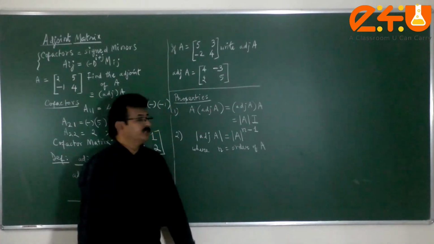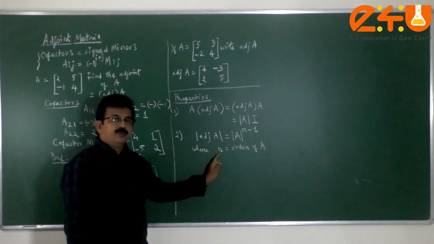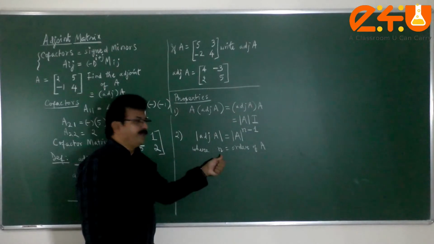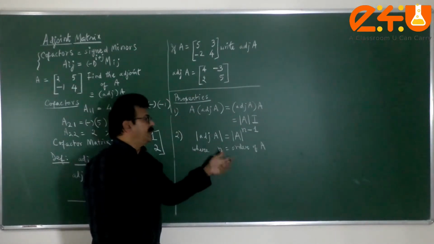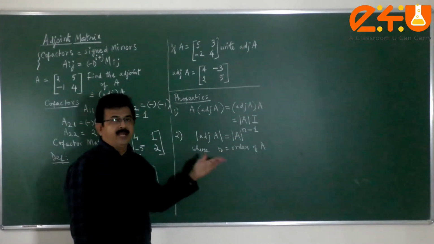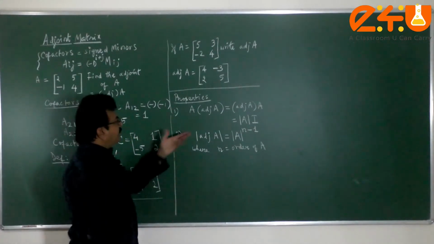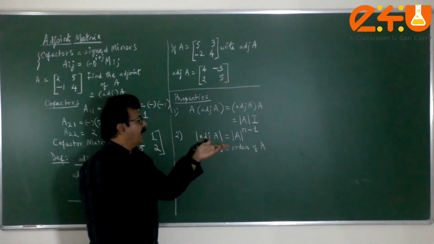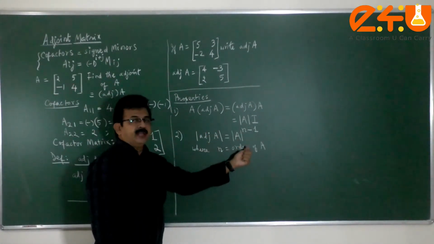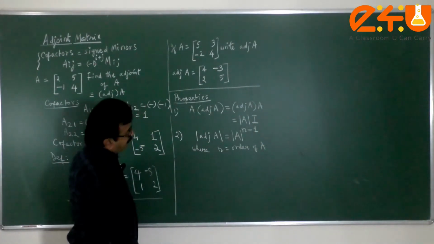You will write 2 if it's a 2 by 2 matrix. You will replace it with 3; n represents 3 in case A is a 3 by 3 matrix. So the determinant of adjoint A happens to be determinant A raised to n minus 1.